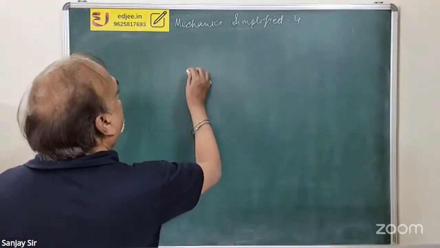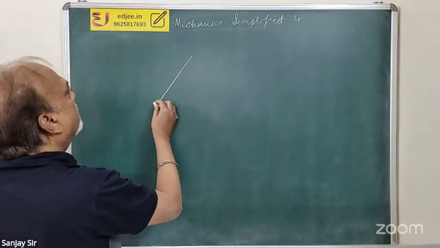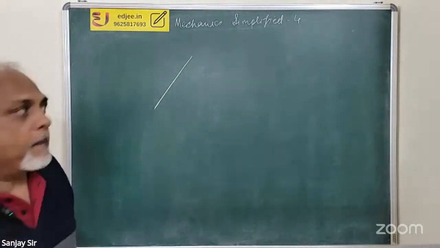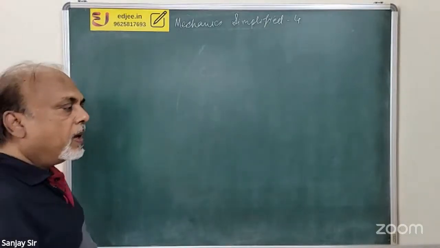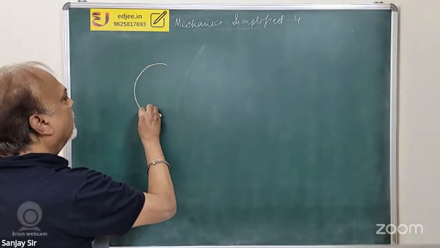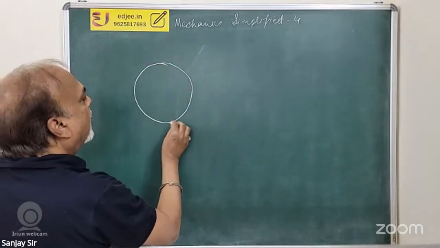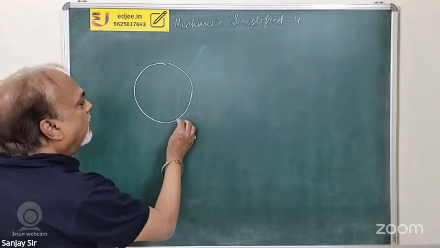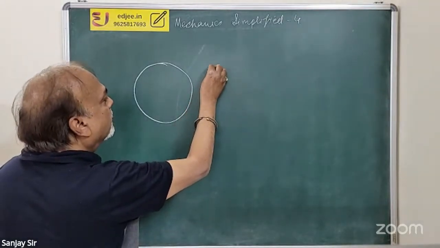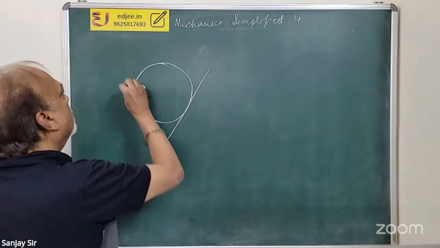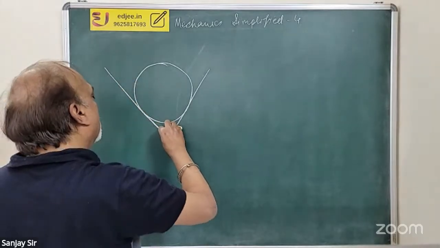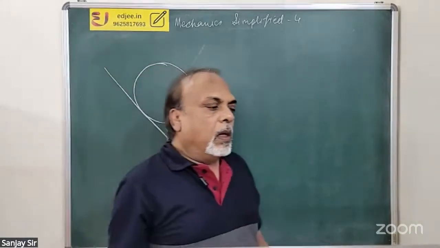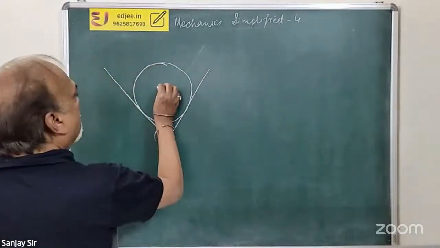Now, let us take this. Suppose you have a sphere, and there are two inclined planes. Its mass is m.